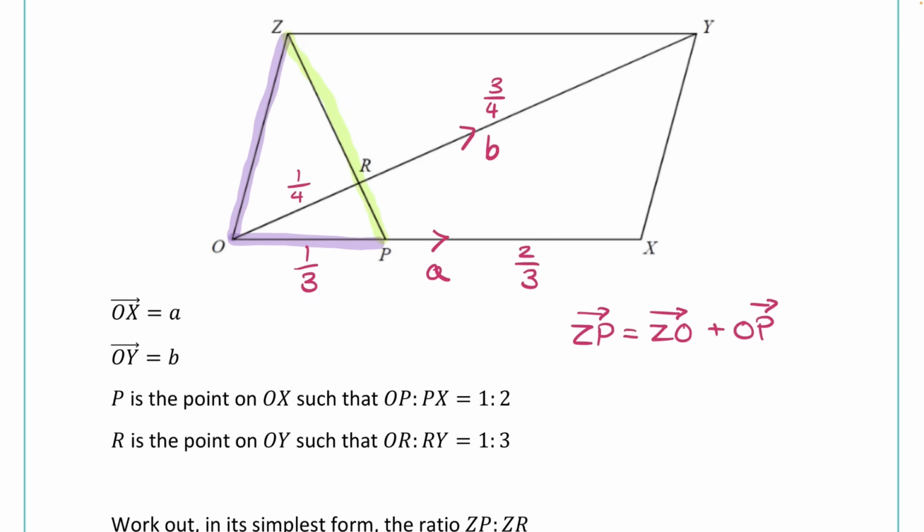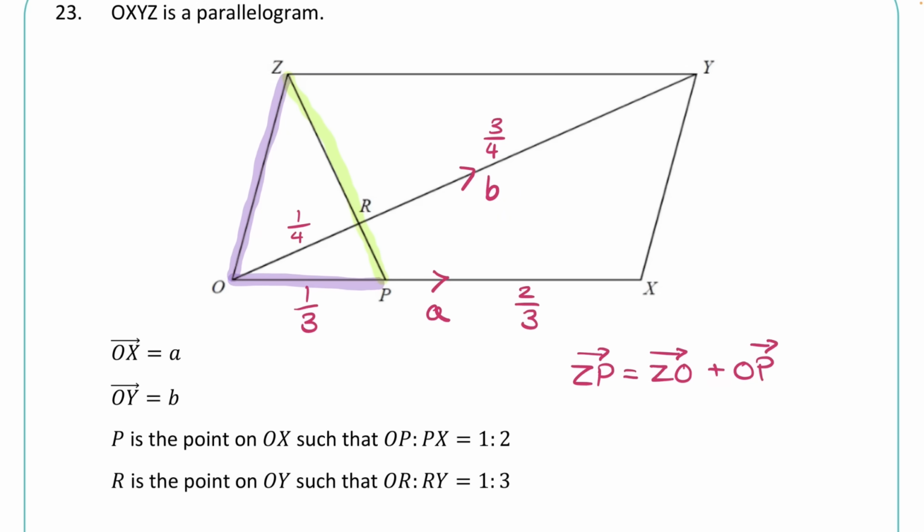So to do that, can we get from Z to O? Well, Z to O we can do, because this is a parallelogram. Z to O is exactly the same as Y to X. So if we just look at Y to X and think about how we would get there, with the vectors that we've been given, we have to go minus B backwards through that B line, and then plus A. So minus B plus A would be Z to O or Y to X, depending on how we look at it.